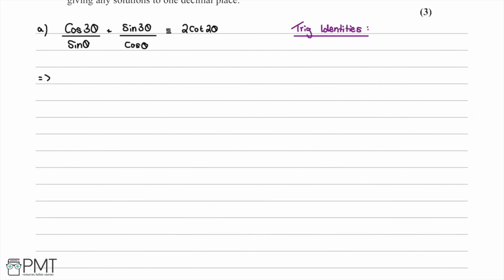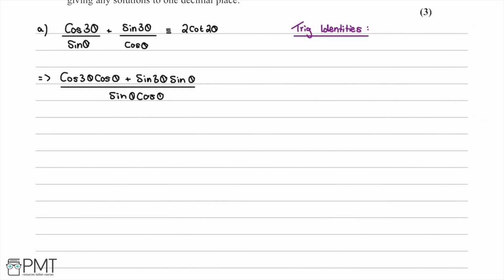So we have cos 3 theta multiplied by cos theta, then plus sine 3 theta multiplied by sine theta. And then, as we know from multiplying fractions, we'll have sine theta multiplied by cos theta as the denominator of this single fraction.